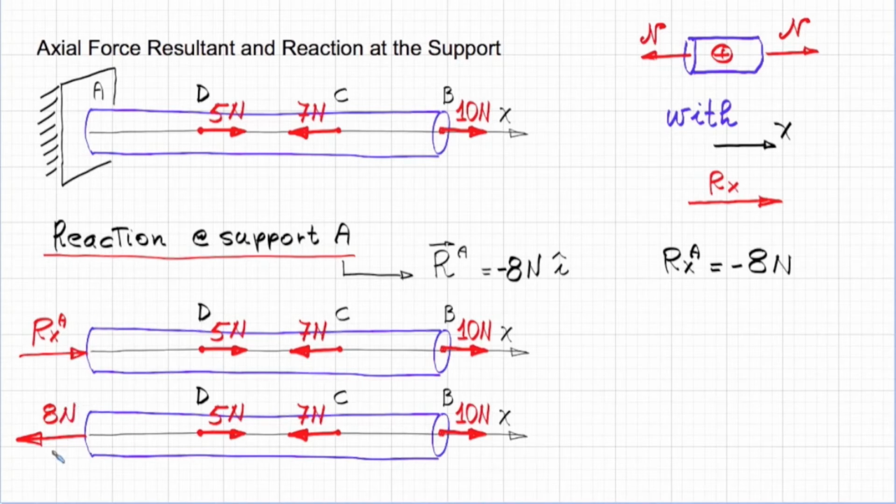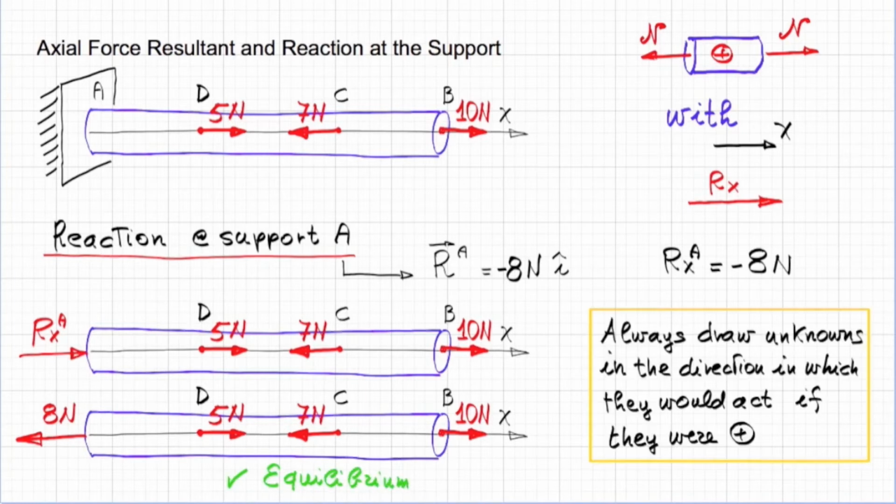And when we draw this load in conjunction with the other loads applied to the bar, we see that the bar is in equilibrium because it's pulled to the left by 7 plus 8, 15 newtons. It's pulled to the right by 10 plus 5 equal to 15 newtons, so it is in equilibrium. This convention of always drawing the unknown forces in the direction in which they would point if they were positive seems an overkill in this simple problem.